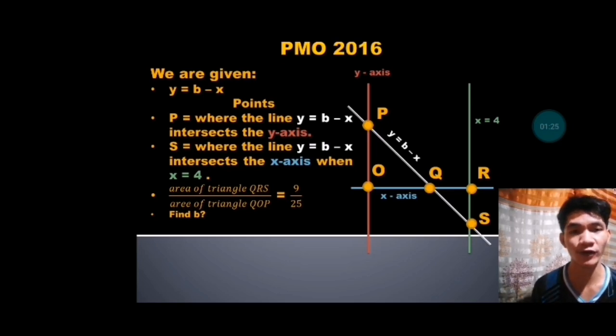We are also given the ratio of the area of triangle QRS to the area of triangle QOP, which is 9/25. The problem asks us to find the value of b.